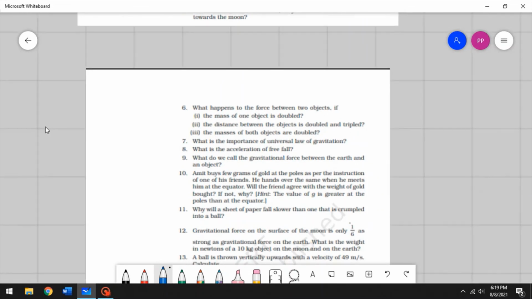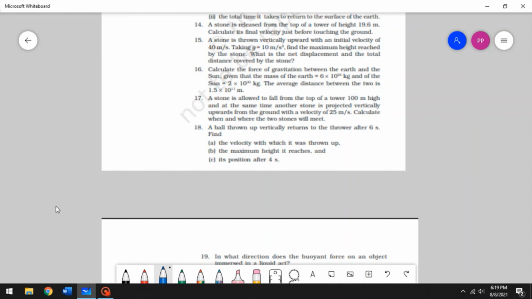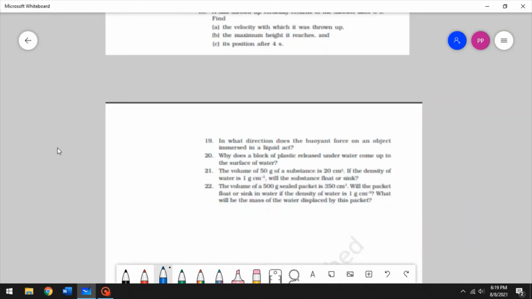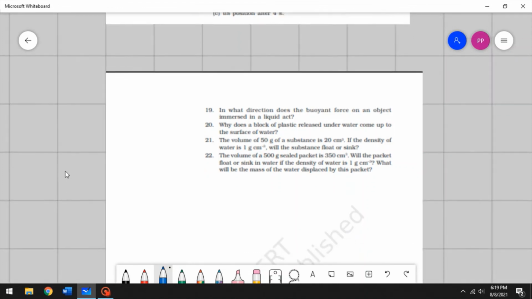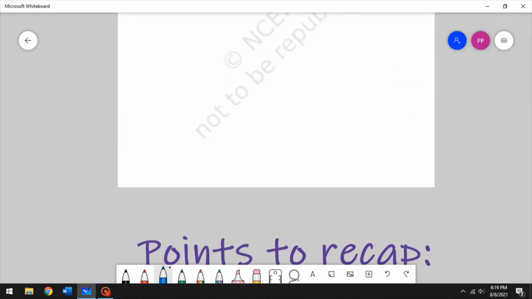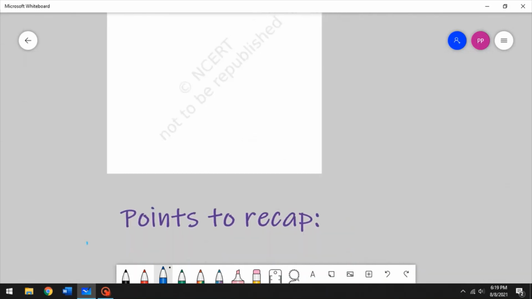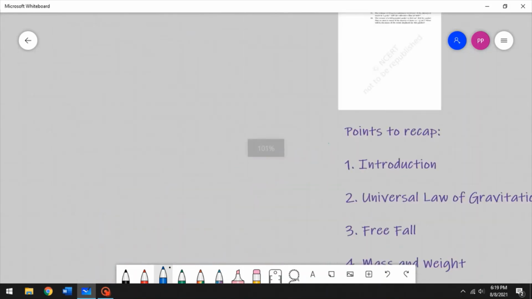If you are not, feel free to replay the video or go back to those parts which you didn't understand, or understood a little but want more clarity. Play it again and try to understand. Take your own notes. And once you're confident that you know this chapter very well, come back to solve the exercises. Now we have points to recap.